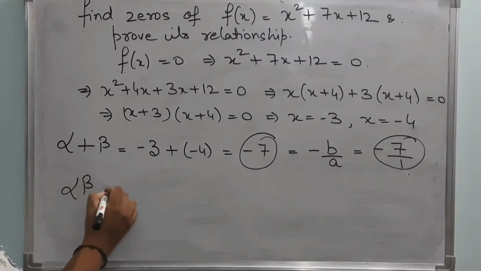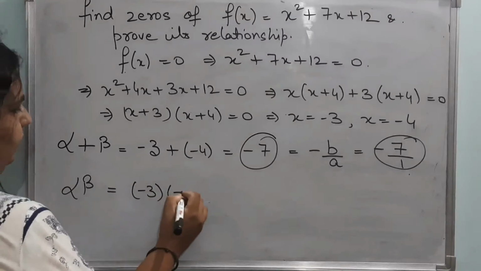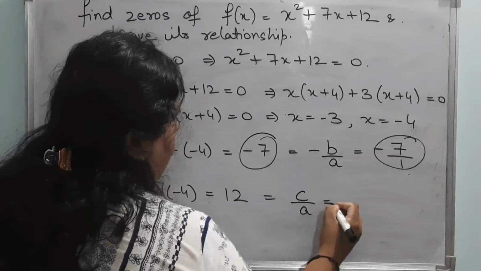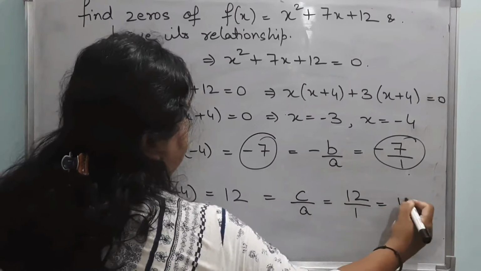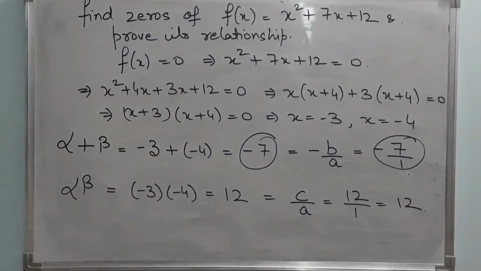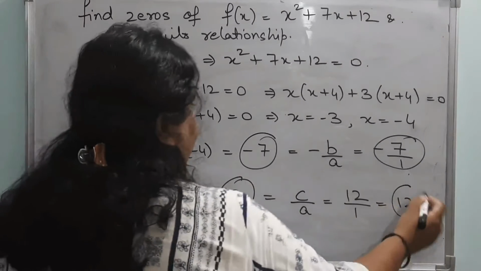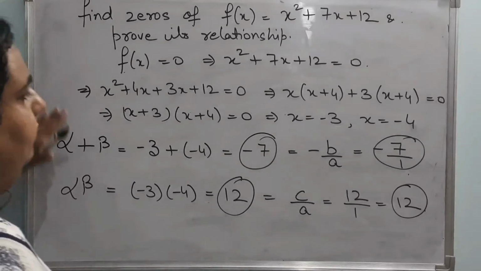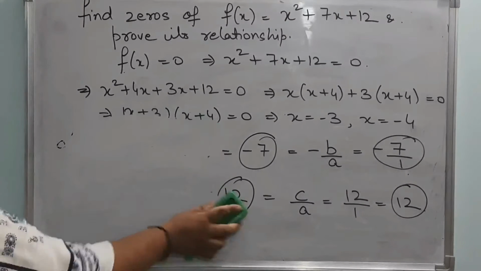Now alpha beta equals minus 3 into minus 4, which equals 12, which equals c on a, which is 12 on 1, which equals 12. And this also proves correct. So if the relationship is true, then your answer is correct. This is the way to prove the relationship between the zeros of the polynomial and the coefficients.